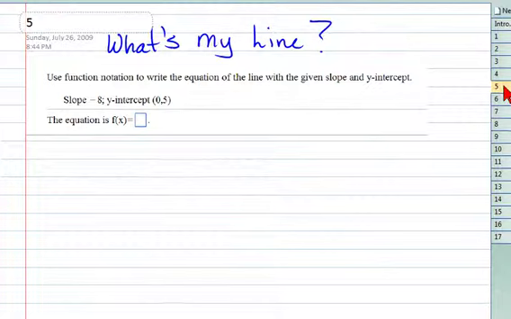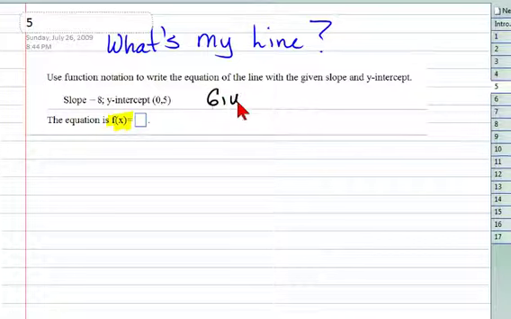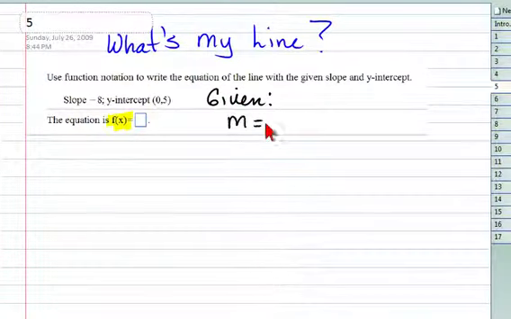Okay, here we go. The first one, it says use function notation. Well, I don't really have to worry about that because my math lab already has function notation. To write the equation of the line with the given slope and y-intercept. So what's given is slope. M is -8. The y-intercept.